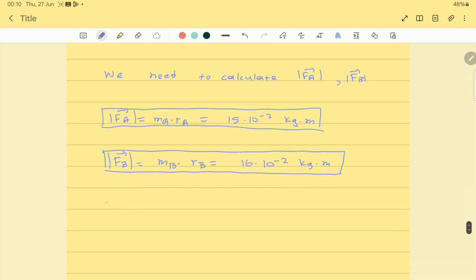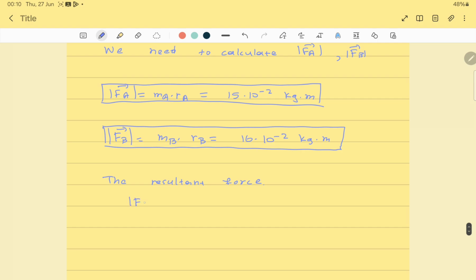Now the resultant force equals the square root of FA squared plus FB squared, so it is 15 times 10 to the power of minus 2 squared plus 16 times 10 to the power of minus 2 squared.